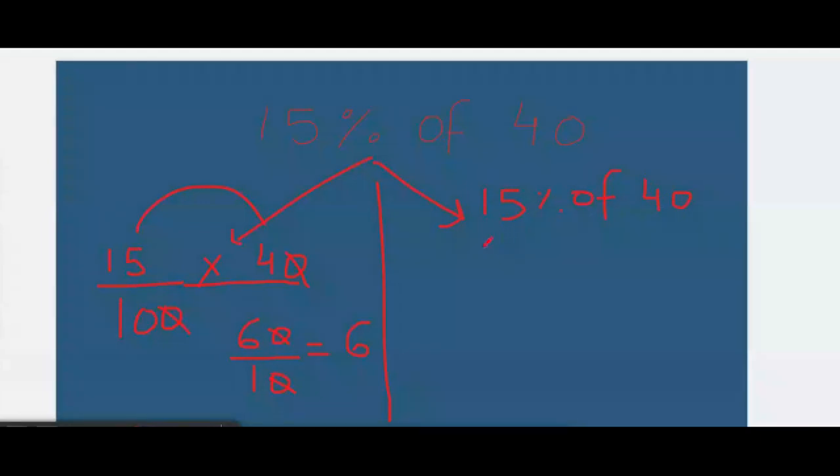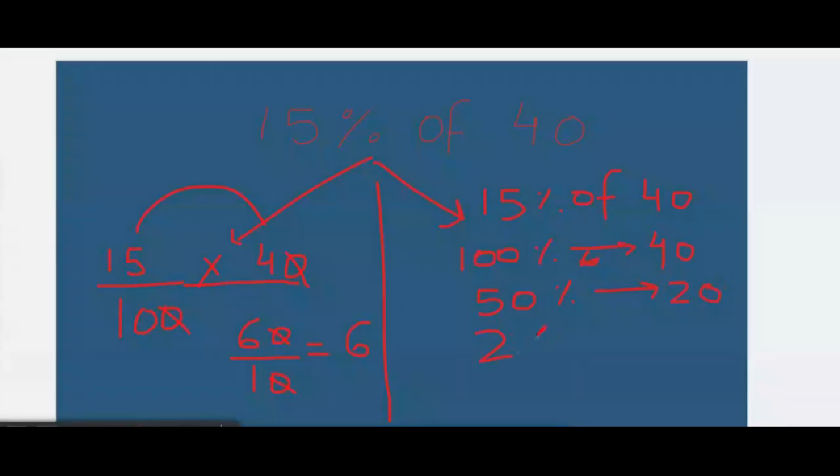And now we can see that, as we have done in the previous question, 100% of 40 will be 40. Okay. And 50% of 40 will be half of 40, which will be equal to 20.